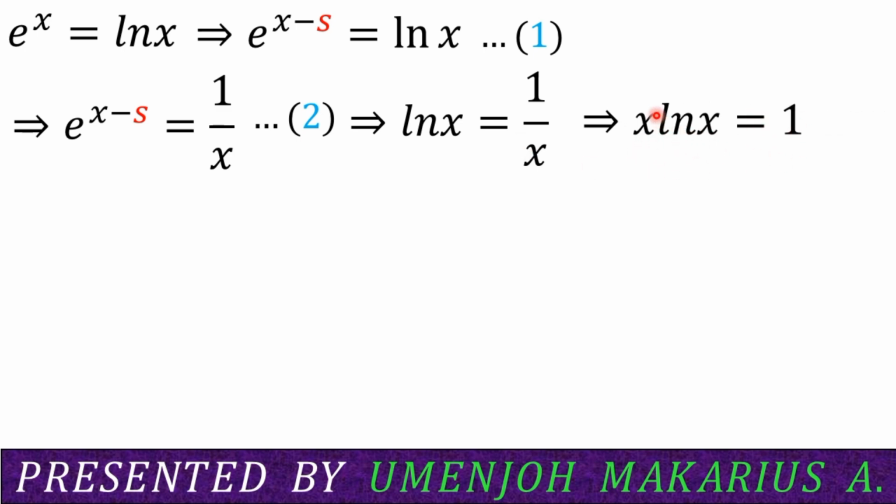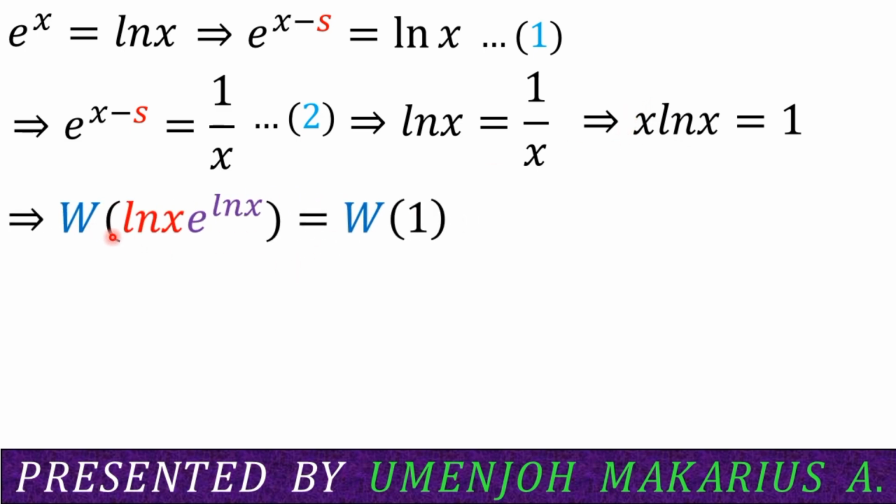At this point now, guys, we are going to look at x as e raised to the power the natural log of x, and we take the Lambert W function on both sides. If we do that, guys, we have W of the natural log of x e raised to the power ln x equal to W of 1.